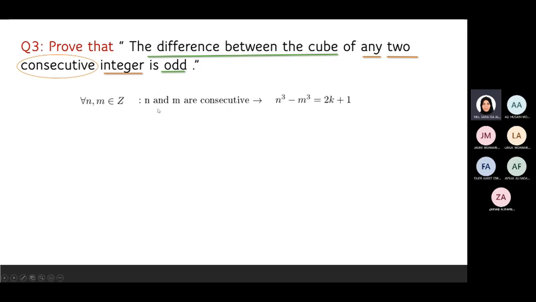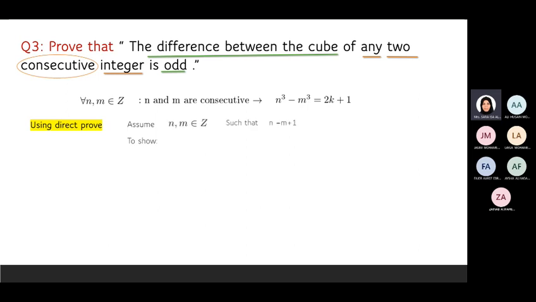But when the cube or square is in the premise side, it is hard to calculate n directly from n cube, because I will deal with roots. So always, when I have, for example, n and m even or odd in the premise side, we think about the problem directly. Why? Because when I choose a direct method, my assumption, what did we say earlier? The assumption: the domain with the premise should be included in the assumption.